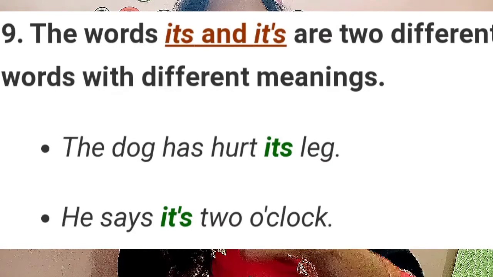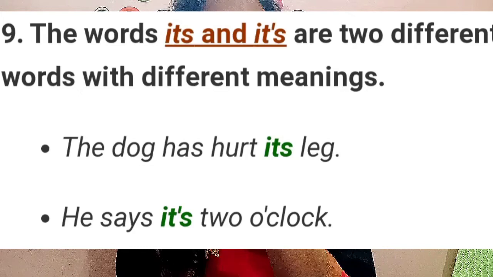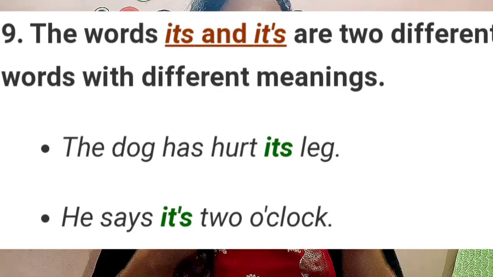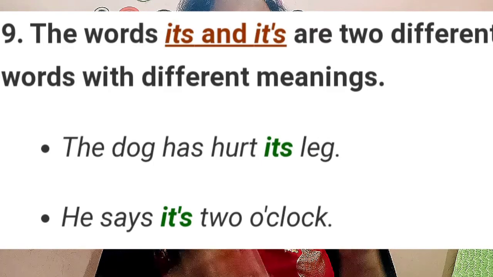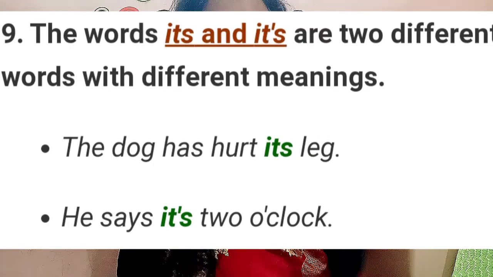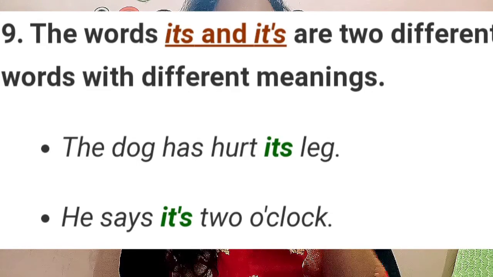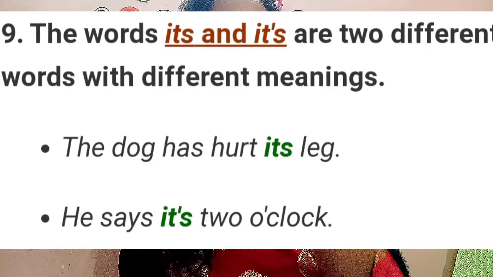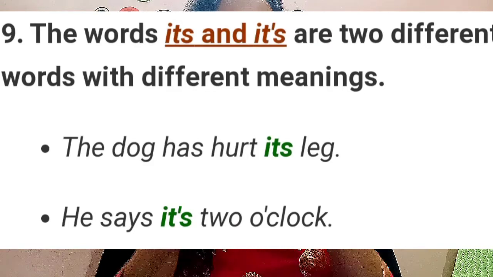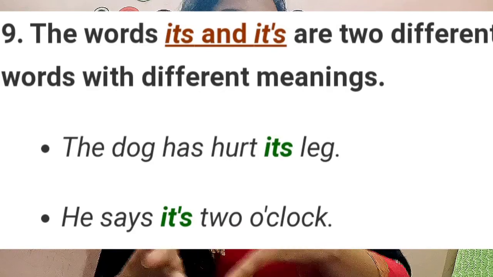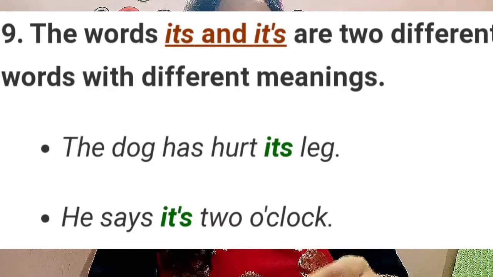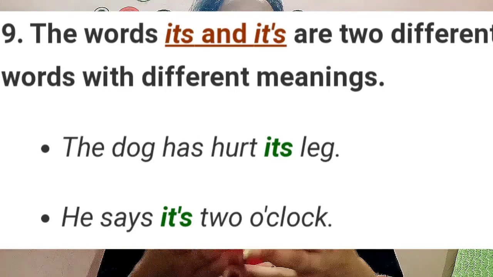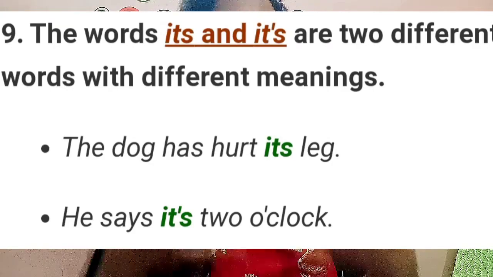But if I say it's 2 o'clock, here it apostrophe s is the contracted form of it is. We are not writing it is, we are just writing it's. So it's with an apostrophe is a contracted version of it is, and its without any apostrophe shows possessiveness of the noun.